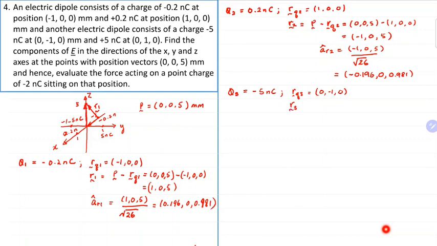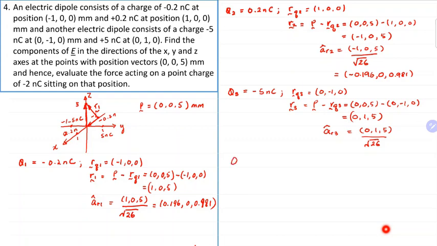R3 is P minus R_Q3, (0, 0, 5) minus (0, -1, 0). This gives (0, 1, 5). And then the unit vector is this divided by the square root of 26.